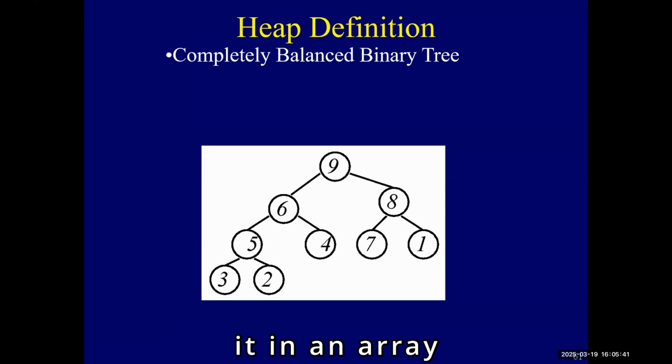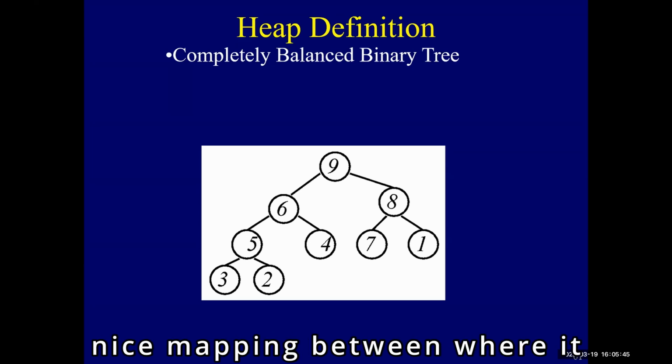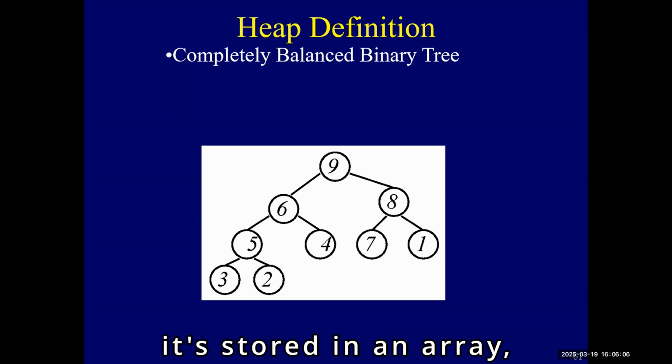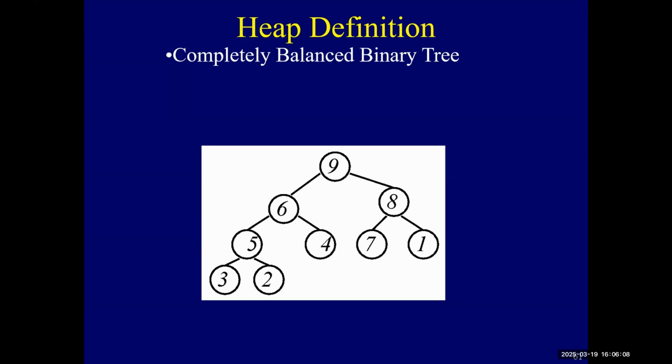We're going to store it in an array. And there'll be a nice mapping between where it is in the tree and where it goes in the array. In fact, it's the obvious mapping, right? If you're indexing from 0, then you just count them 0, 1, 2, 3, 4, 5, 6, 7, 8, right? So I tell you it's a binary tree, but the reality is it's stored in an array.